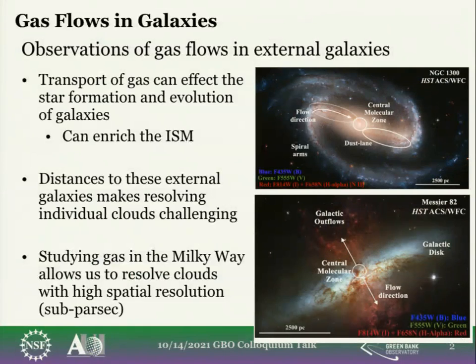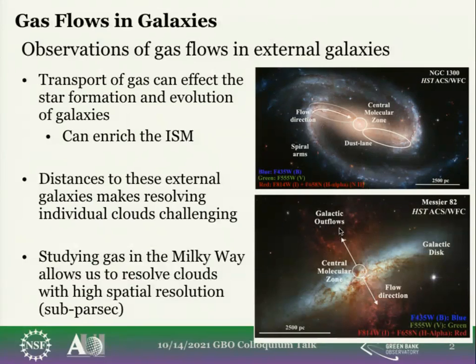So for example, in the top figure that I'm showing here of NGC 1300, you can see that this is a barred spiral galaxy, so you can see the nice spiral arms that are coming off of the bar, and you can see that the bar is feeding material into the central molecular zone. Now in the bottom figure of Messier 82, you can see these large outflows that are stemming from the inner regions of the galaxy.